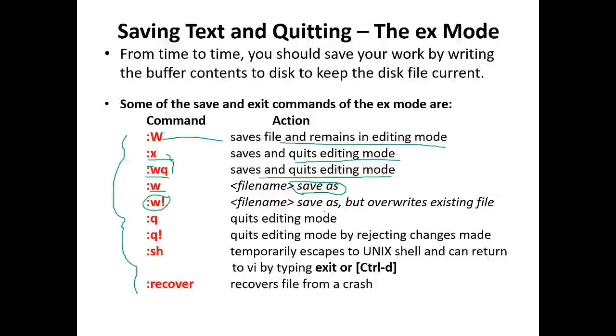It acts like save as, but overrides an existing file. So whatever contents were in that earlier file are going to be deleted, and a new file with the new name will be created.